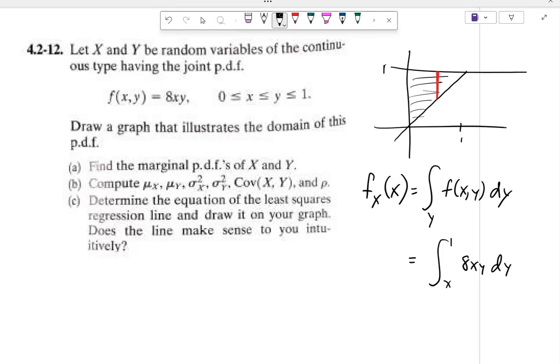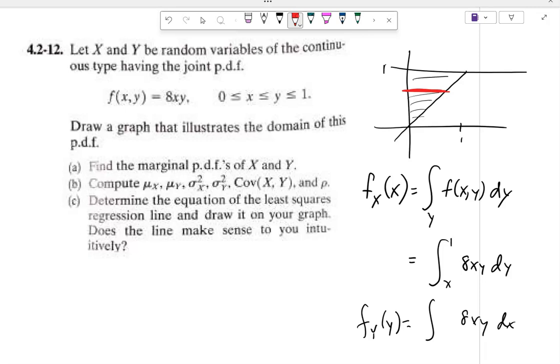All right. What changes if you're going to do your marginal with respect to y? Besides changing it to integrating with respect to x, what else changes? Okay, good. Your bounds change, right? So my bounds this way, in this case, I have to go this way, don't I?